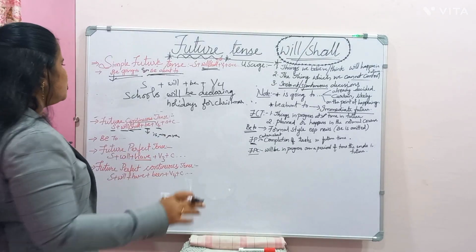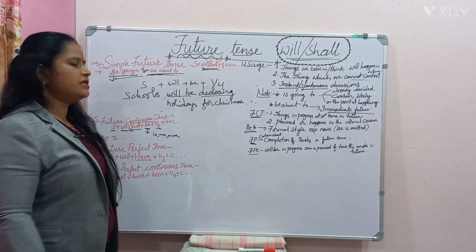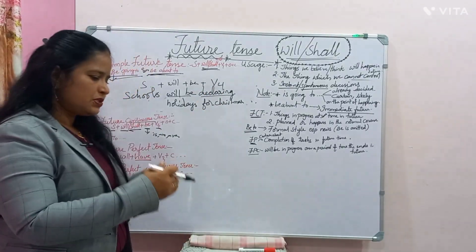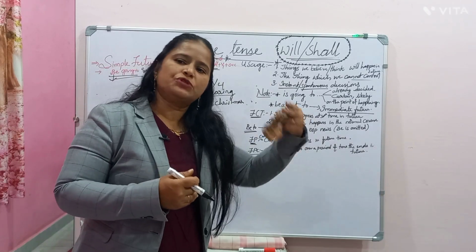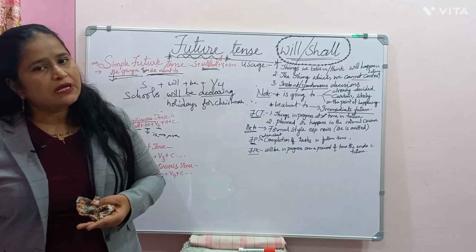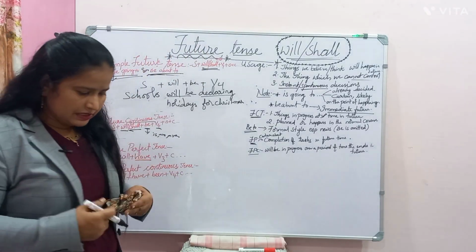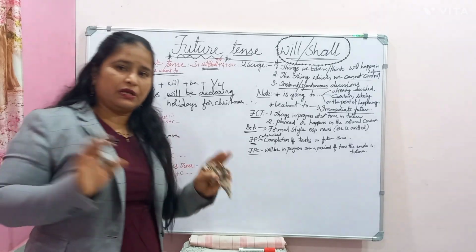Certain things start in the future, and at some time in the future they are going to end. That is what future continuous tense is. You have seen that present continuous tense is something at this time, but that is different. If I get into that again, it's a confusion.